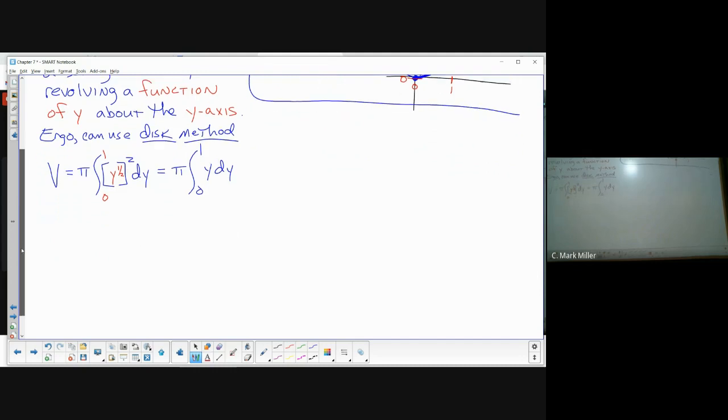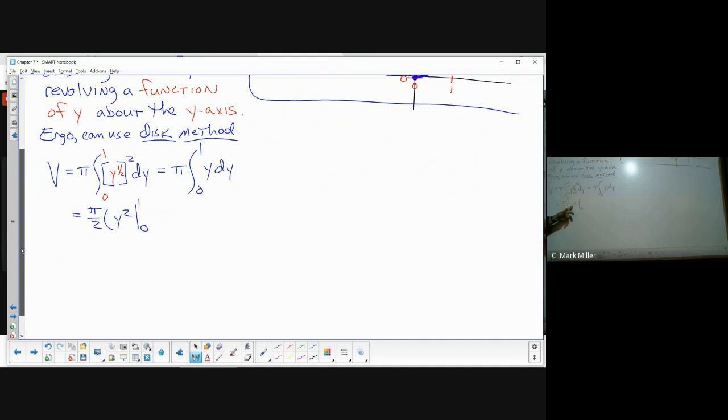What's the antiderivative of y? Y squared over 2, right? So that's going to be pi over 2 y squared from 0 to 1. And with the fundamental theorem of calculus, you plug in the 1, get a 1. Minus, you plug in the 0, you get a 0.